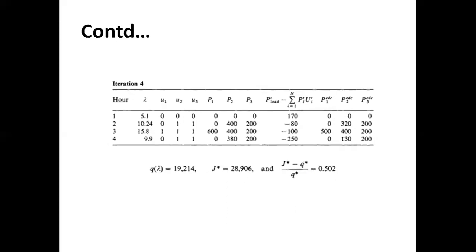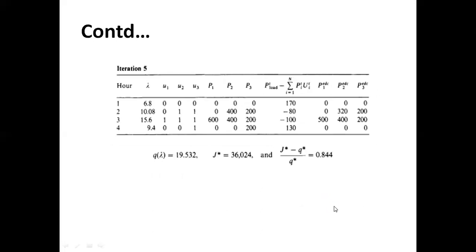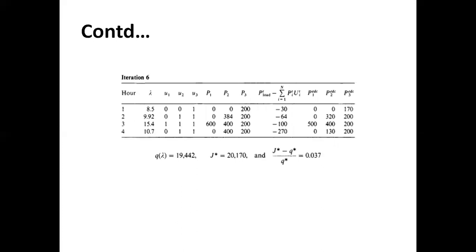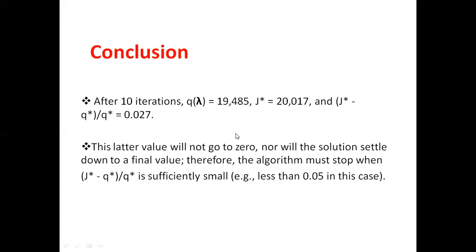In this way, we are doing the sixth iteration. In the same way, we do each of the iterations and calculations. After 10 iterations, we get the Q lambda value as 19,485 and J star equal to 20,017. So J star minus Q star by Q star is 0.027.